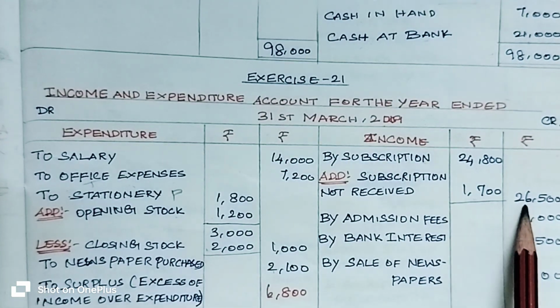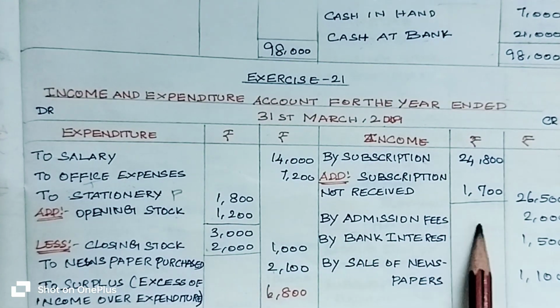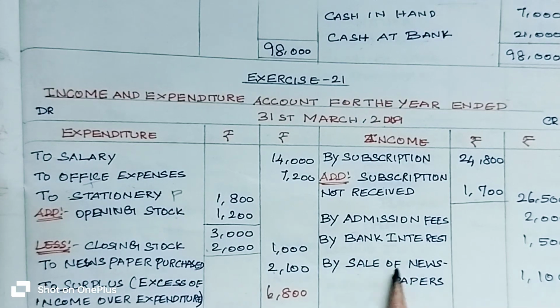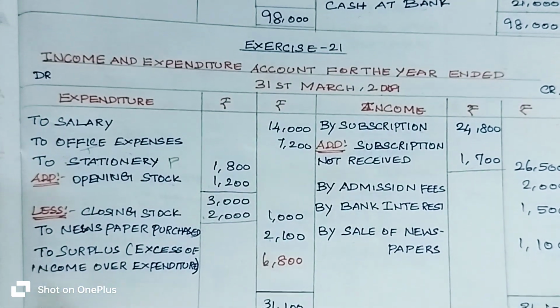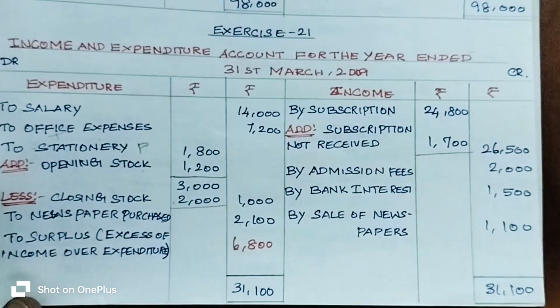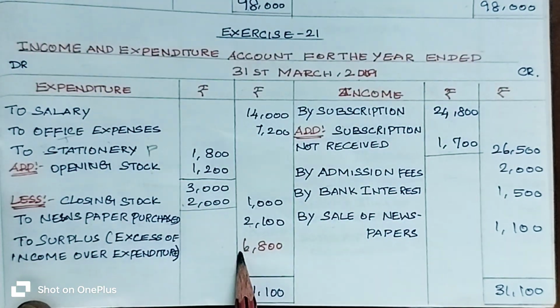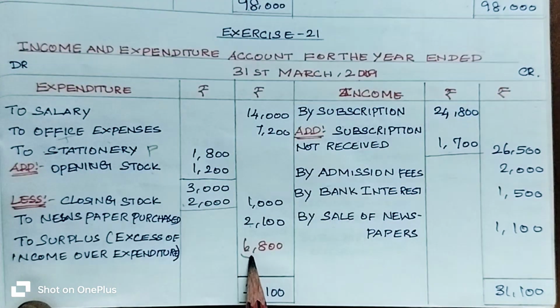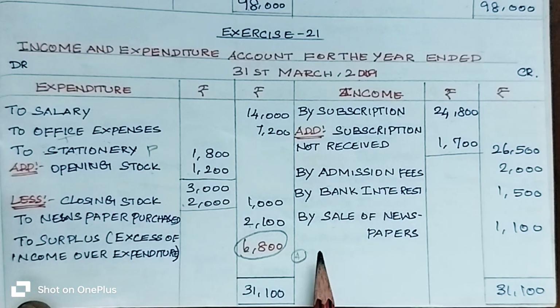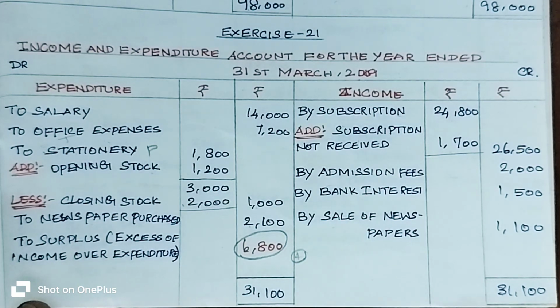After adding, you will get 26,500. Admission fees, bank interest, and sale of newspaper are entered. Then you will get the total on the income side, that is 31,100 rupees. Then you get the surplus amount on the expenditure debit side, 6,800 rupees. It will be added with the capital fund on the liability side of the balance sheet.